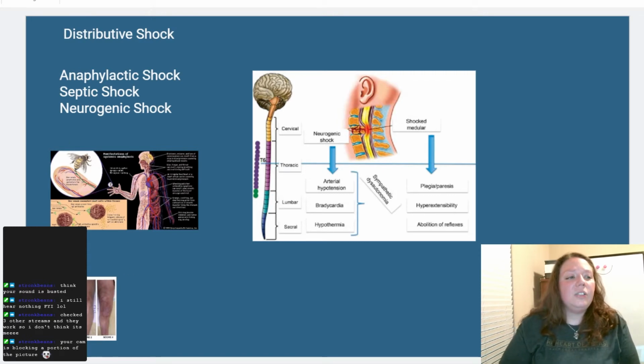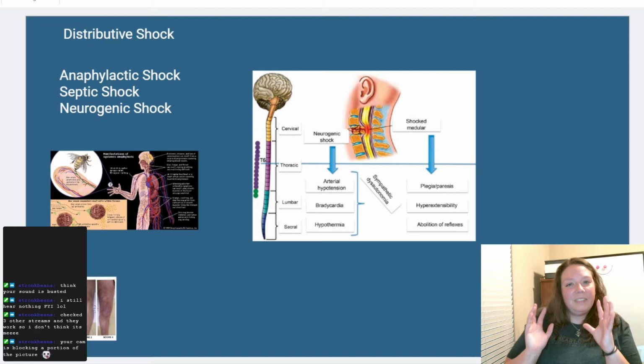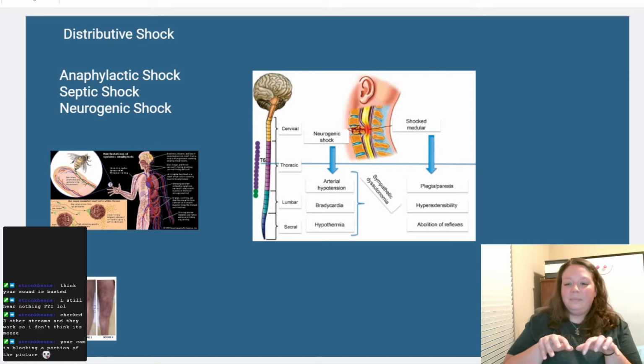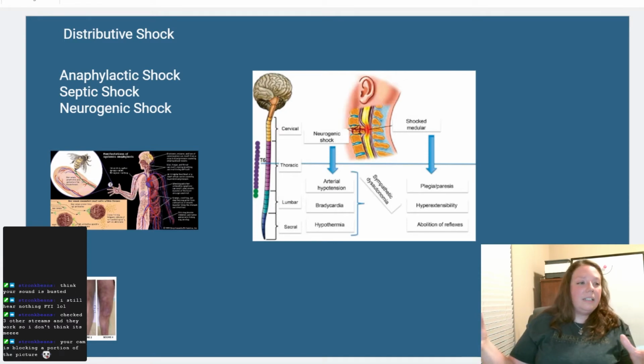All right, so distributive shock. Again, type of shock is in the name. Distributive means the blood is not being able to be distributed to the rest of the body for some reason, in this case, the blood vessels. Something's going on with the arteries, that the arteries themselves are not distributing the blood.